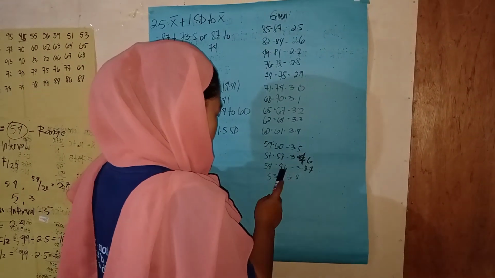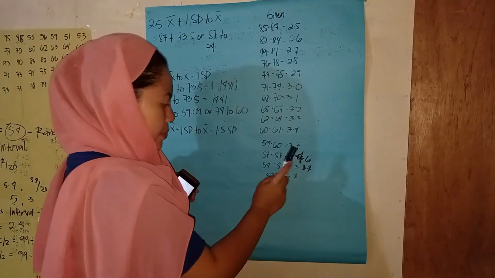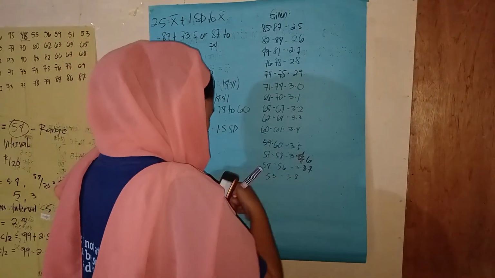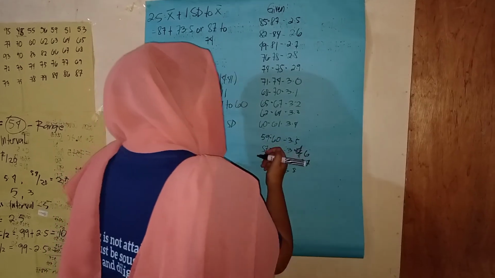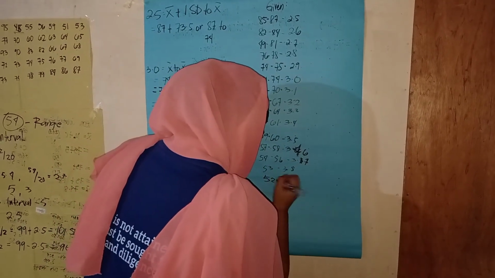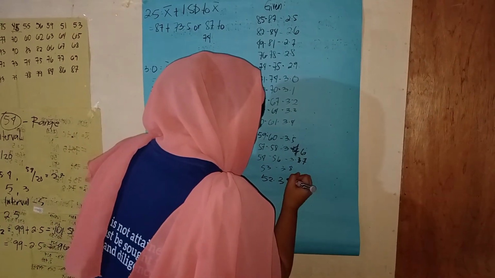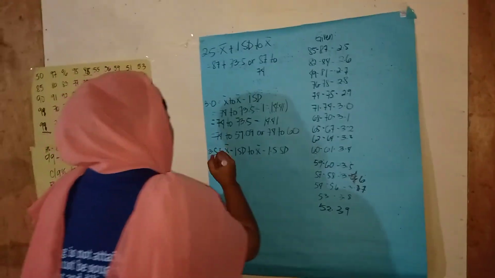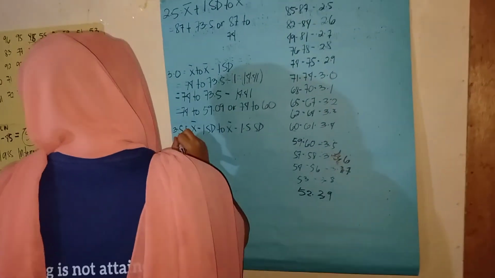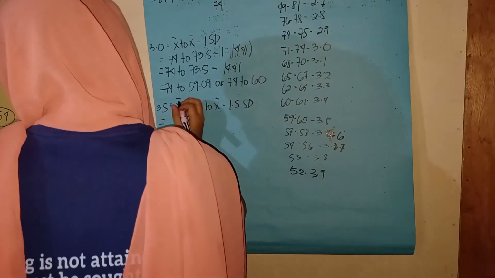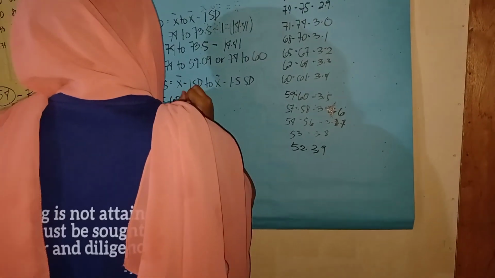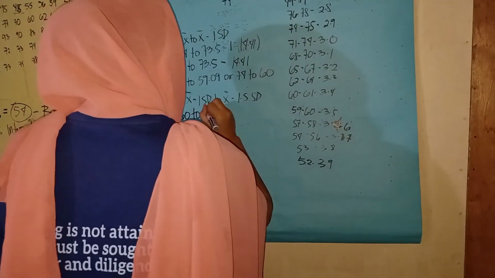And 54 to 56, we have 3.7. And 53, we have 3.8. And 52, we have 3.9.